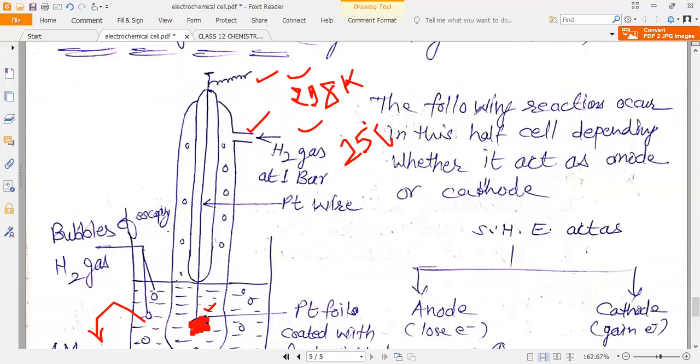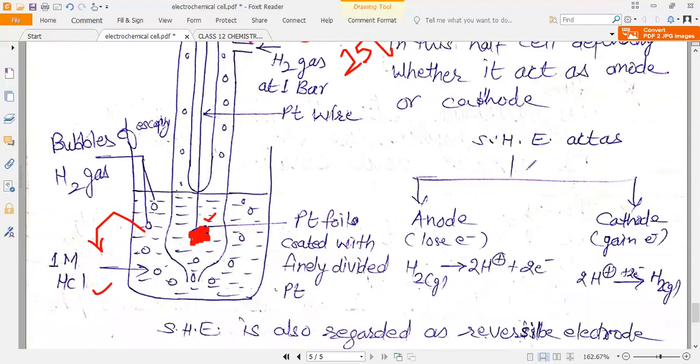So the following reactions occur when we set up this SHE. The half cell can react either as anode or cathode. If the SHE acts as anode, it means losing electrons and converting into positive ion.